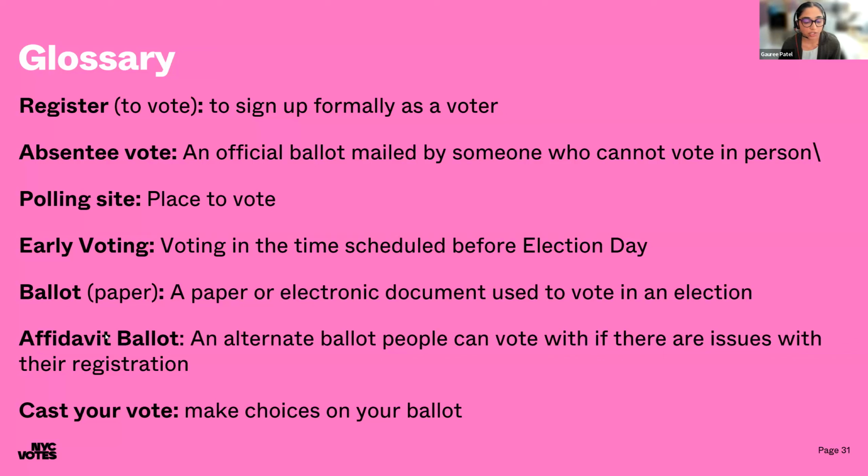And if your registration does go through, that ballot will be counted. And if for some reason your registration was not inputted or there was an error in the registration, then that affidavit ballot will just be used to register you to vote, since it collects the same information as the registration form. And lastly, cast your vote, which is the choices we're going to make on our ballot.